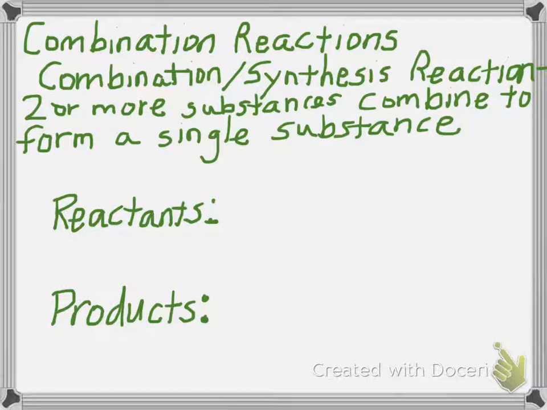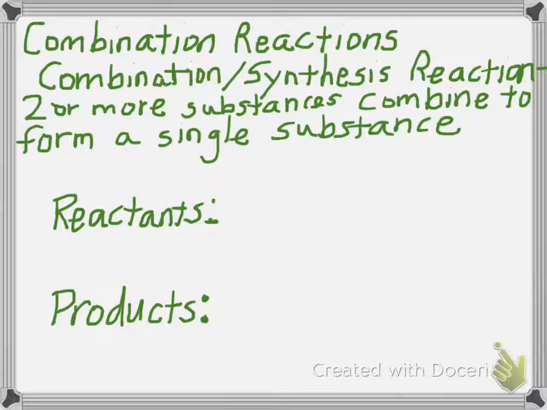And that's probably what you would expect based on the name of it, right? It's a combination or synthesis reaction. We're going to take several things and we're going to combine them into one. Each time we talk about one of these reactions, we're going to consistently talk about reactants and products. The first thing we want to talk about with reactants is how many reactants there are going to have to be.